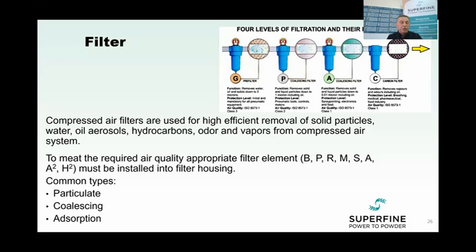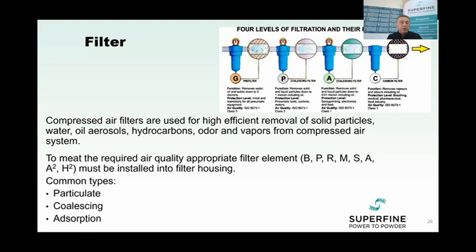Slide 26. Compressed air filters are used for highly efficient removal of solid particles, water, oils, aerosols, hydrocarbons, odor and vapors from compressed air systems. To meet the required air quality, the appropriate filter element must be installed into the filter housing.